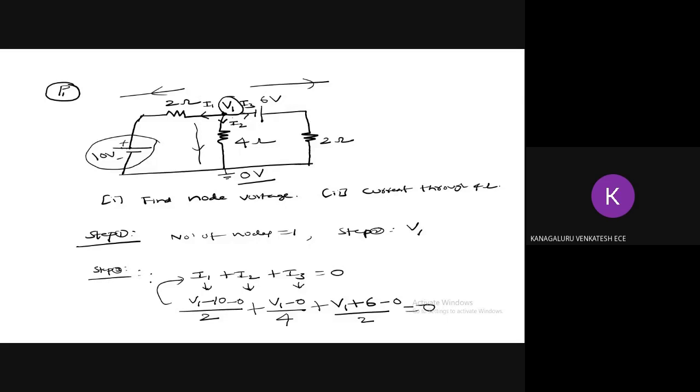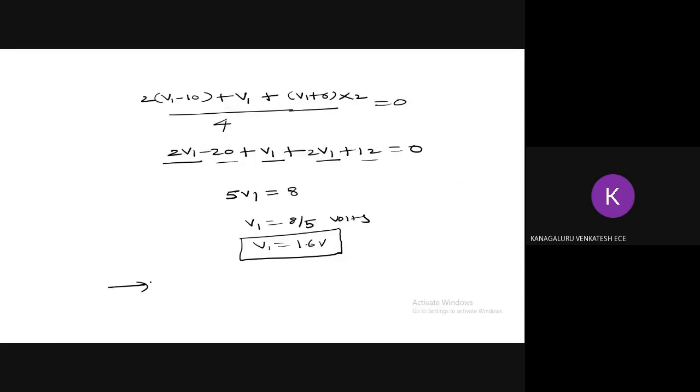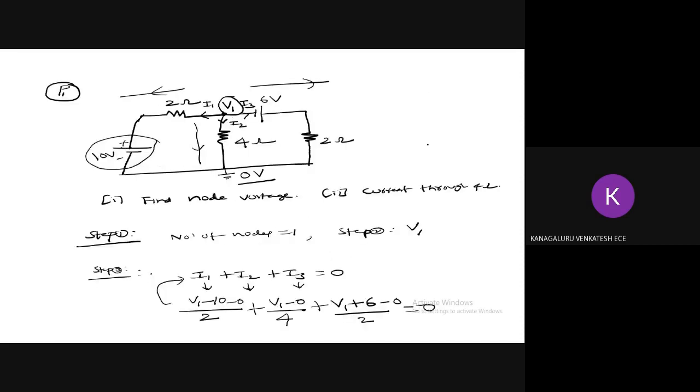Second question. The current flowing through 4 ohms. What is the answer? Sir, 1.6 by 4. One student is telling that 1.6 divided by 4. Any other guesses from your side? Is it right or any other answers?